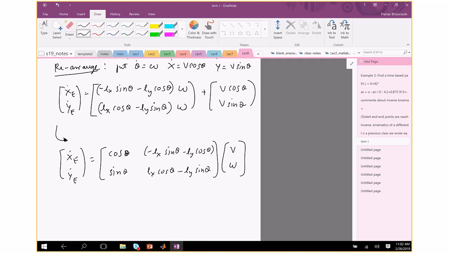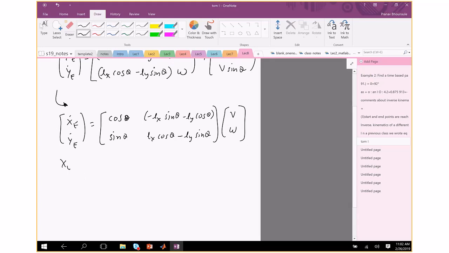So what we do is we specify x dot e to be a proportional controller on the position. So x dot e equals kp times (x ref minus xc), and y dot e equals kp times (y ref minus yc).